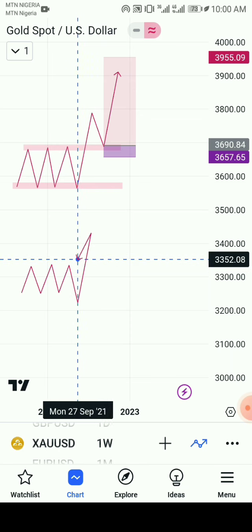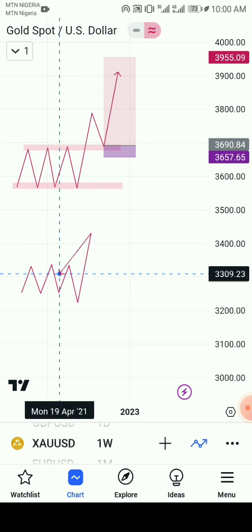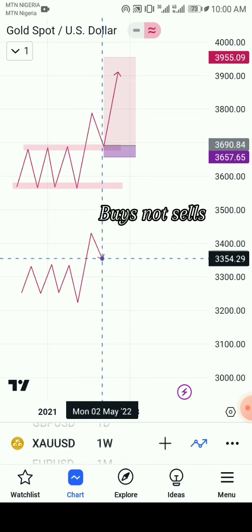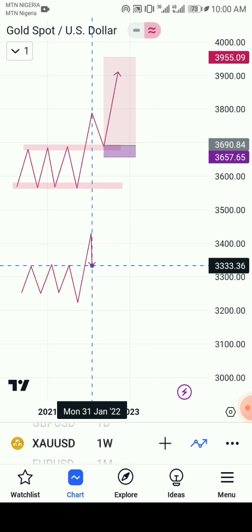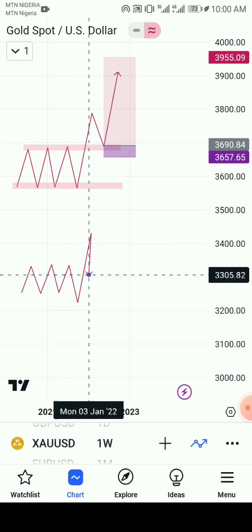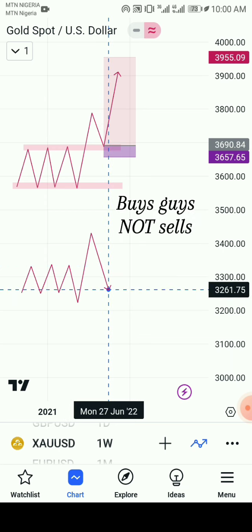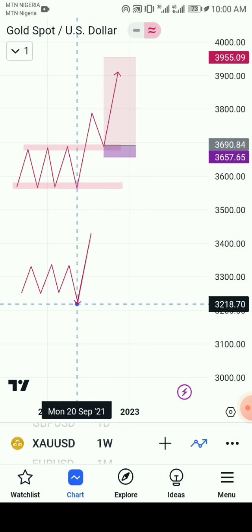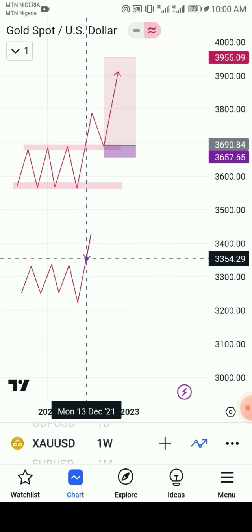Now in this case, I'm not going to take my sales from up here, and I will tell you the reason why I'm not going to take my sales from up here. Rather, I will take my sales from down here, or an order block that will be within this range here.